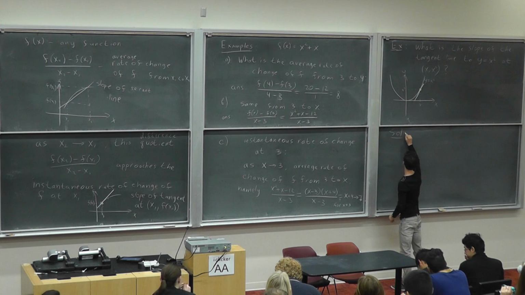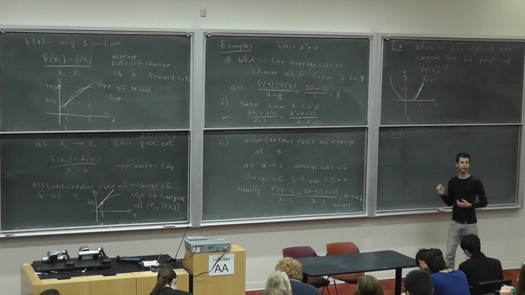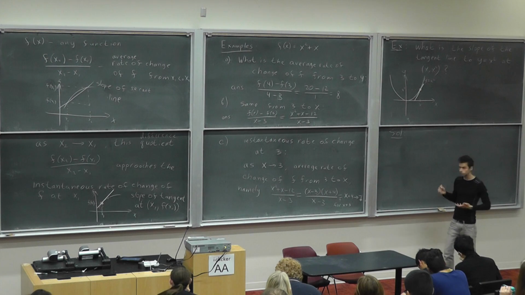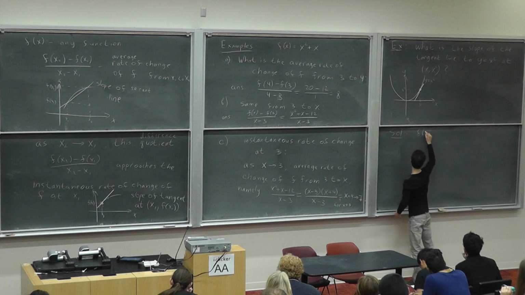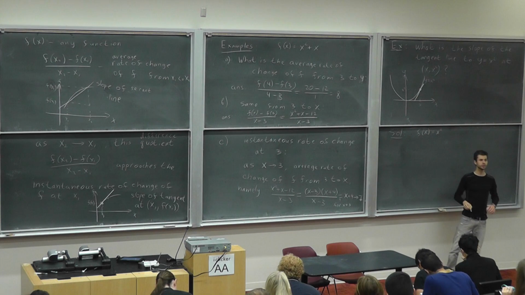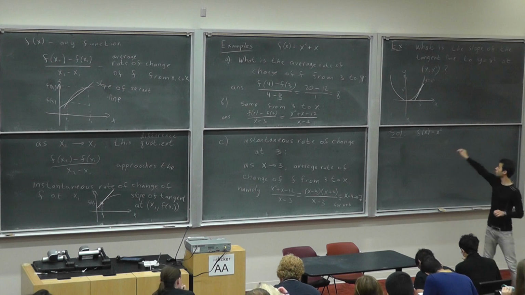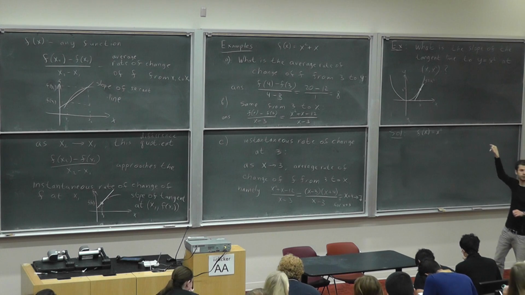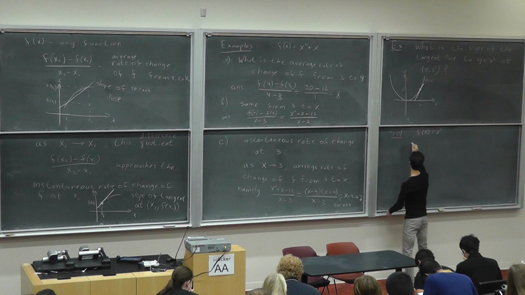So, first step in our solution would be, let's choose the function f of x. F of x is going to be x squared. And we are looking for the slope of the tangent line to the graph of this function at the point x.